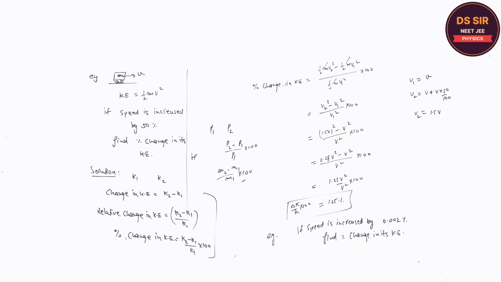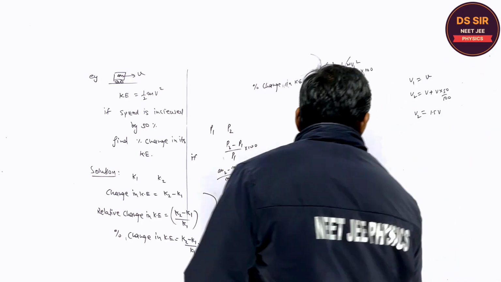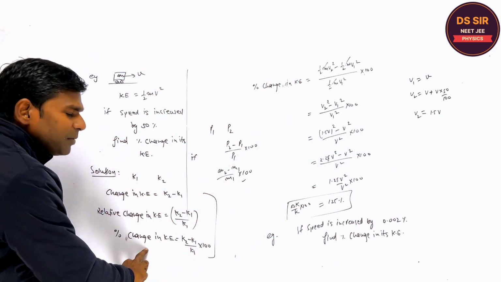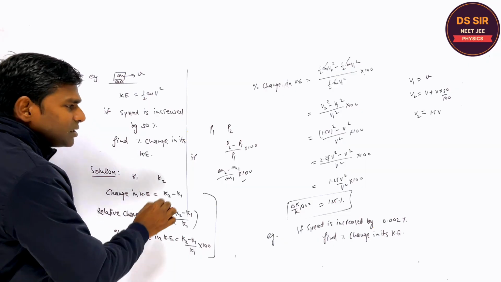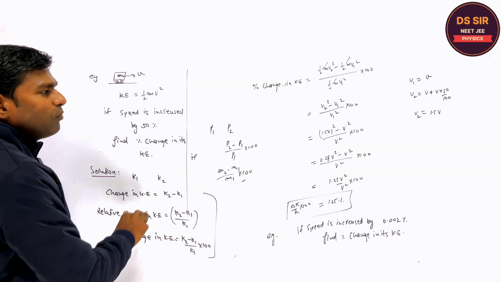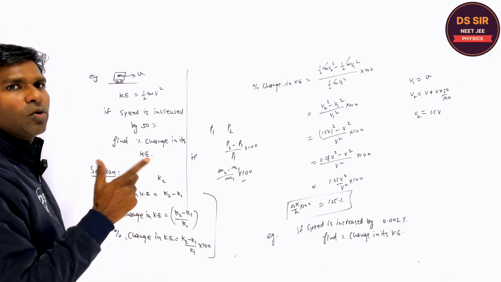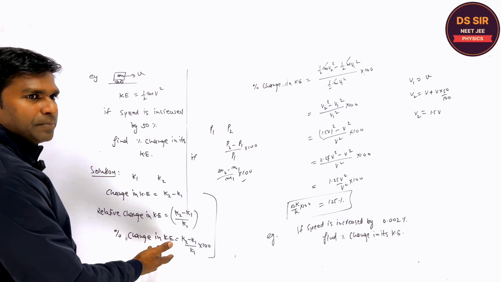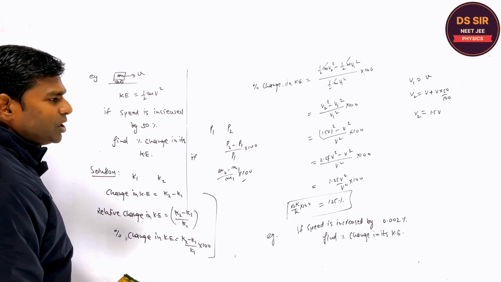Tell me. If you try to find its kinetic energy in a conventional way, this is the method we used in class 9th and 10th, for how to find the percentage of a quantity. I think in 6th or 7th also we used this, how to find the percentage change.